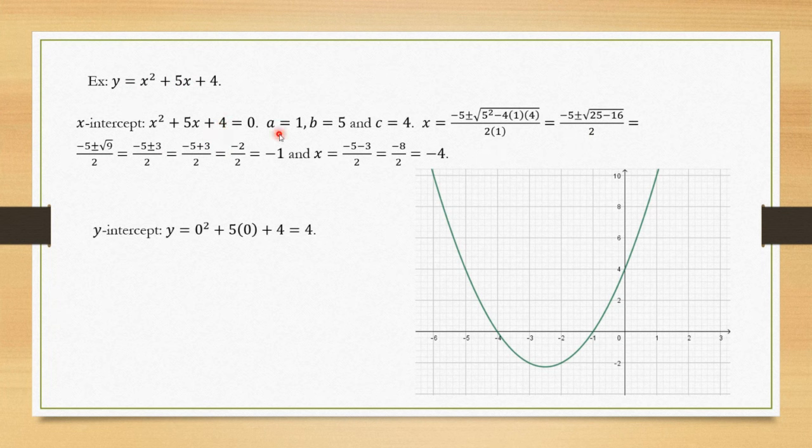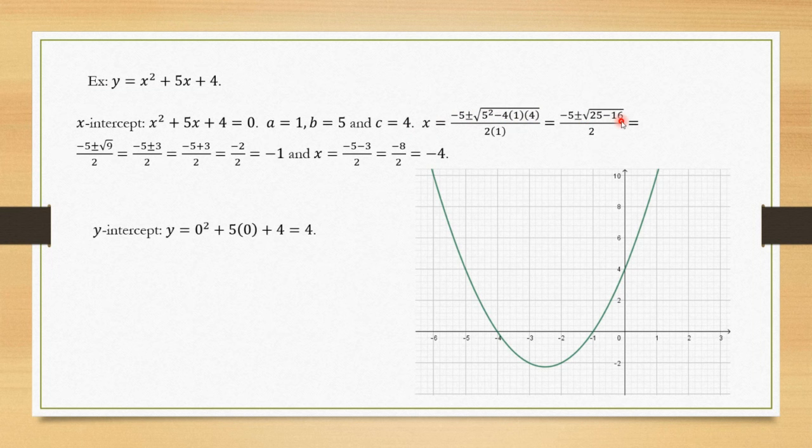A is 1, B is 5, C is 4. It's always ax squared plus bx plus c. By the quadratic formula, we get x is negative b plus or minus the square root of b squared, 5 squared, minus 4 times 1 times 4, all over 2a.